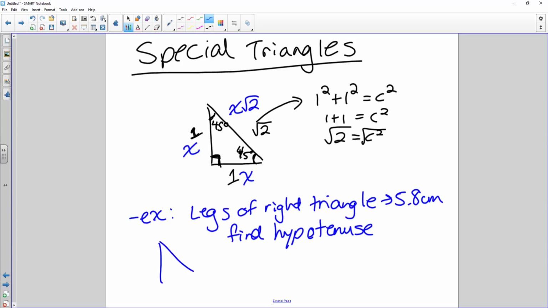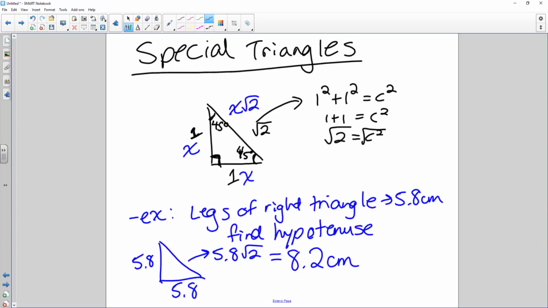So I can sketch this out. That means I've got 5.8 and 5.8. I could use the Pythagorean theorem, but now with this shortcut to get that hypotenuse, all I have to do is 5.8 times the square root of 2. In most calculators, if you put in 5.8 square root 2, right away it'll calculate the answer even without putting multiply, and we get 8.2 centimeters.